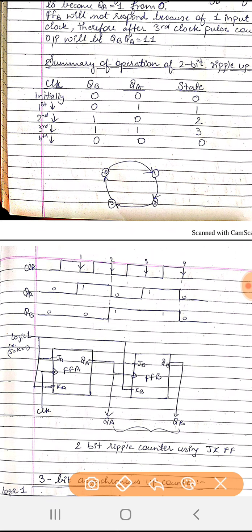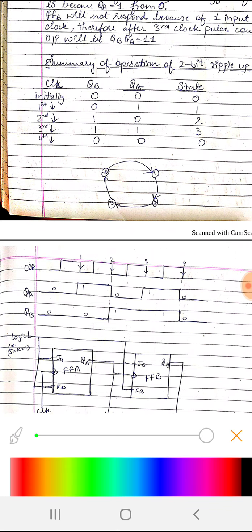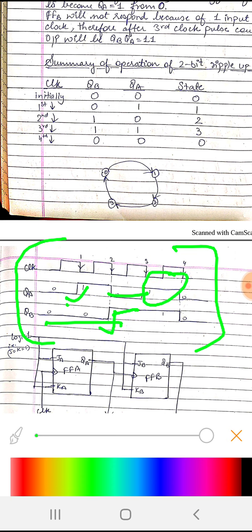Here we can see the timing diagrams of the same. At the first stage QA becomes 1 and QB remains 0. At the second edge, QA becomes 0 and QB becomes 1. At the third edge, QA again becomes 1 and QB remains 1, that is 1 1.